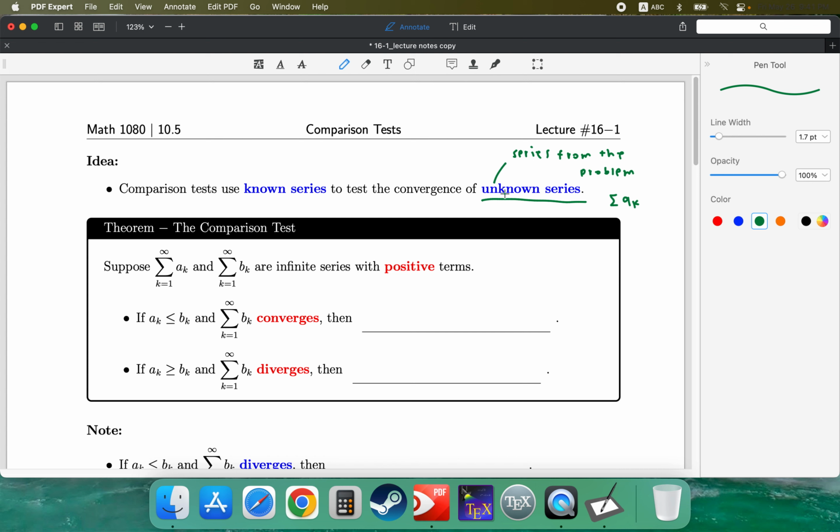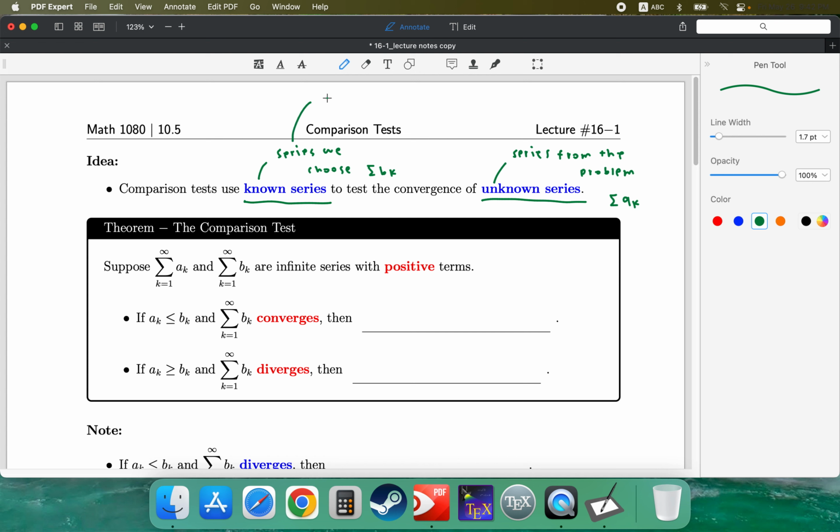It is also the unknown series. And the known series is the series we choose, and in the box below, we will use summation of BK.